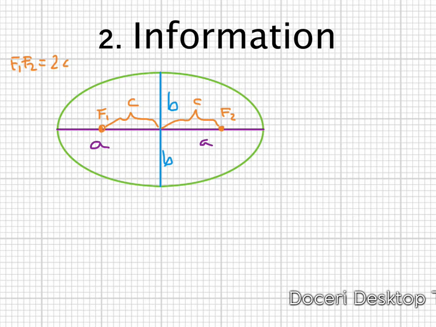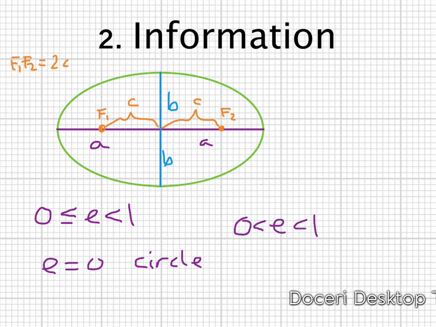For an ellipse, the eccentricity is always going to be greater than or equal to 0 and less than 1. If E is 0, that's a circle. So a circle is a special case of an ellipse. If E is greater than 0 but less than 1, then we have an ellipse.